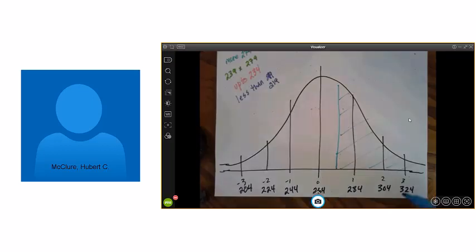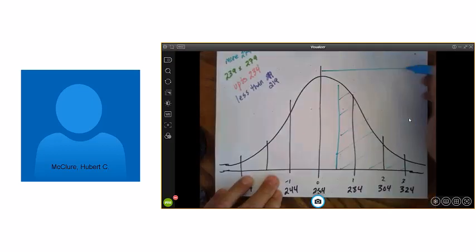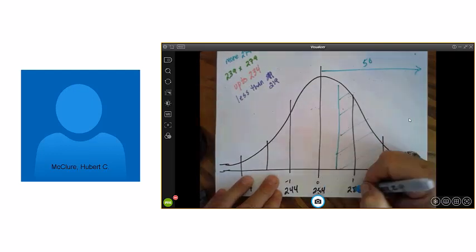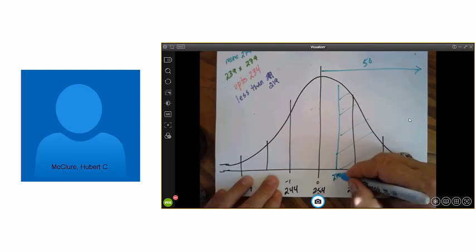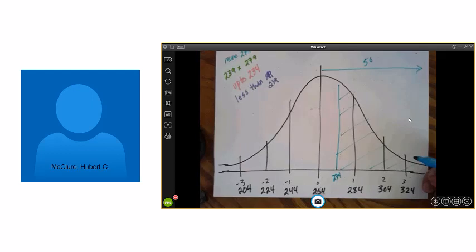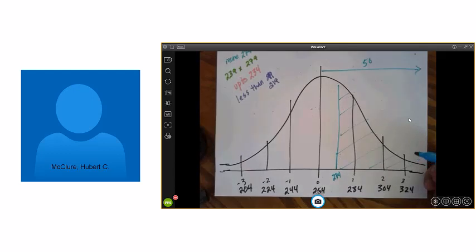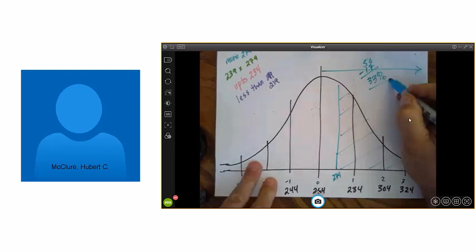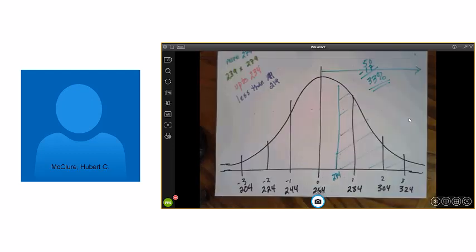I know that this is 50%. So 50% and half of this, because 264 to 284, 274 would be right here. So half of 34 is 17. So 17 from 50 is 33%. So I'm saying by the empirical rule, we're talking close to 33%.